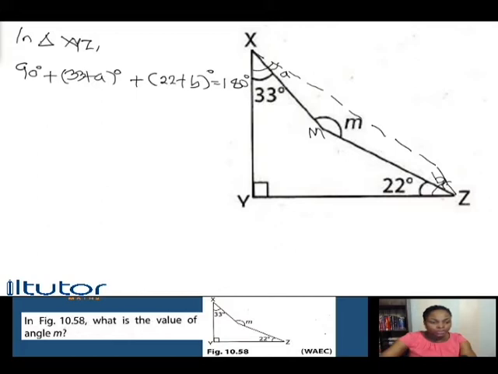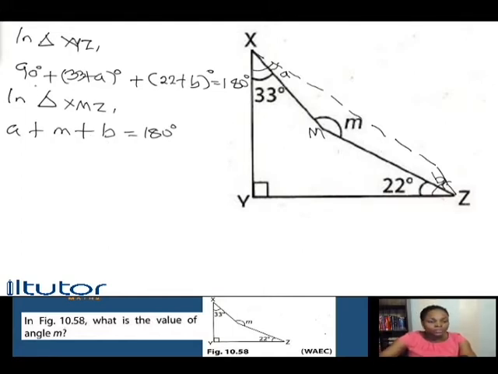And then for triangle XMZ, we have the angles A plus M plus B, which is supposed to give us 180 degrees. Sum of angles in a triangle.